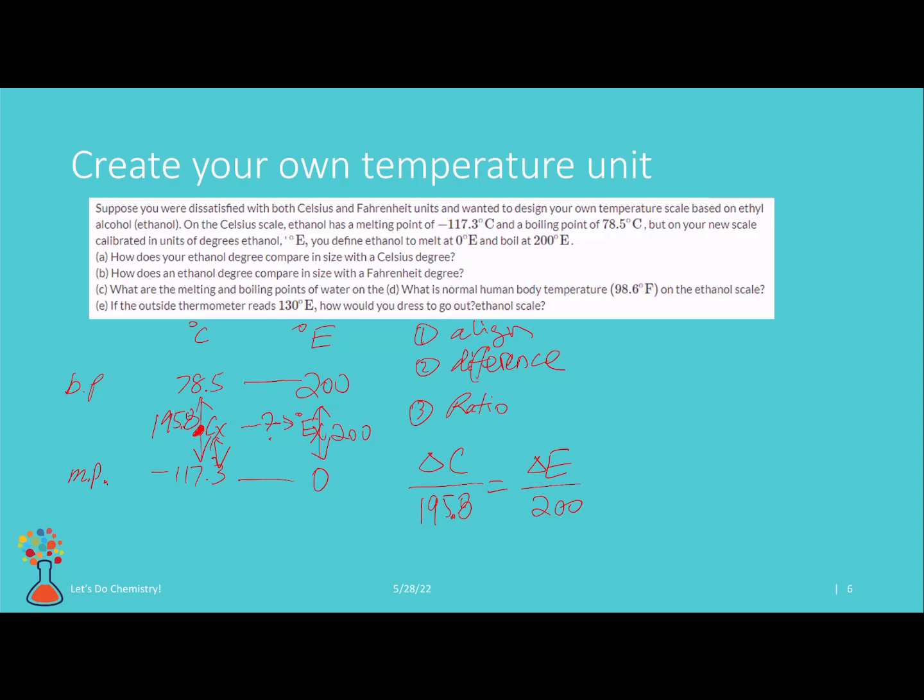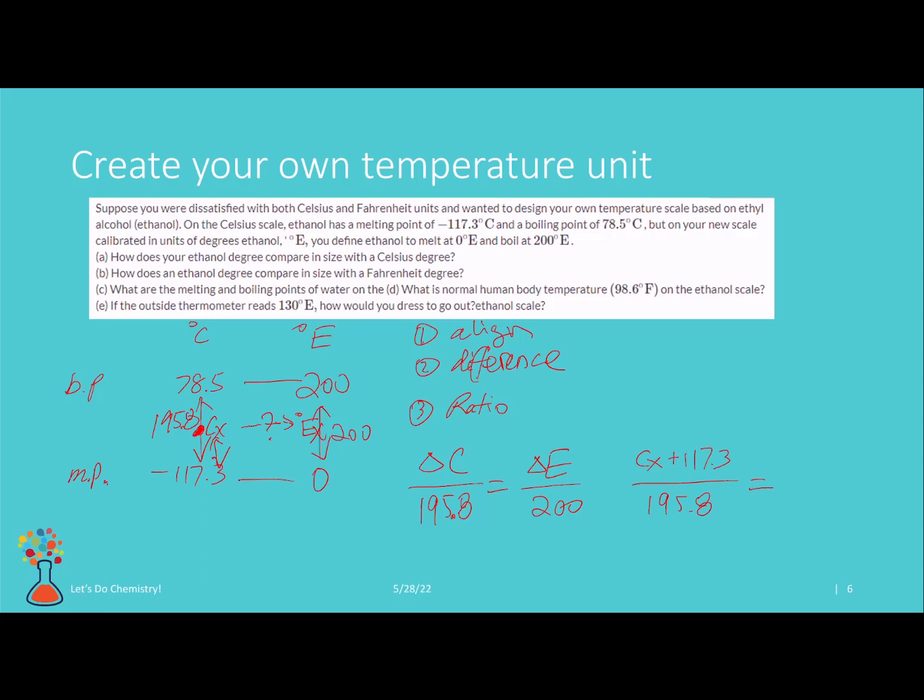What is delta C? Delta C is CX minus minus 117.3. That is plus 117.3, right? So this one divided by 195.8, okay?